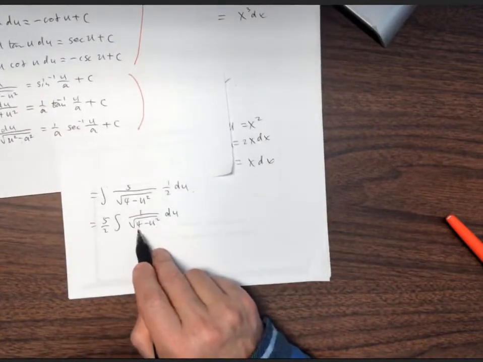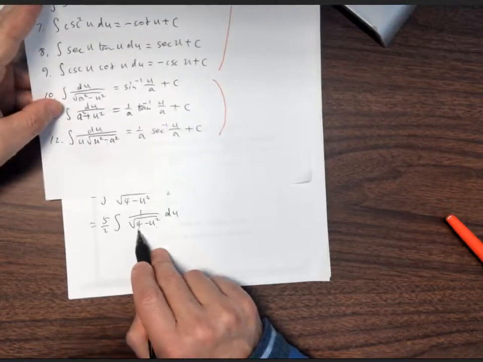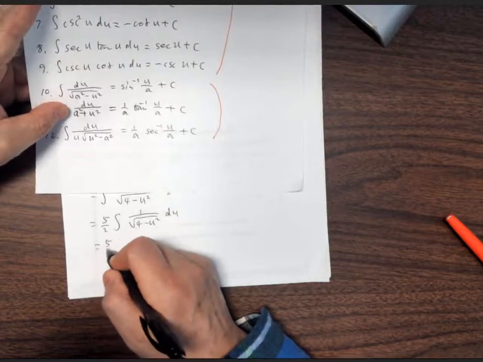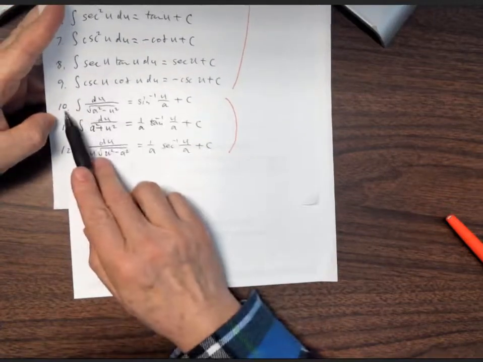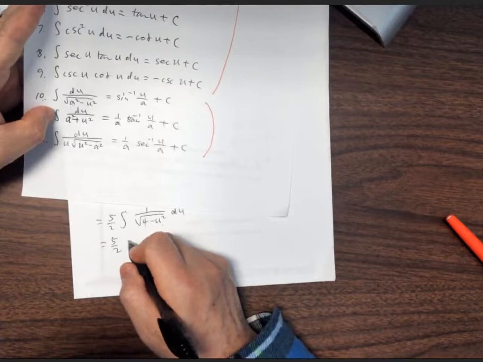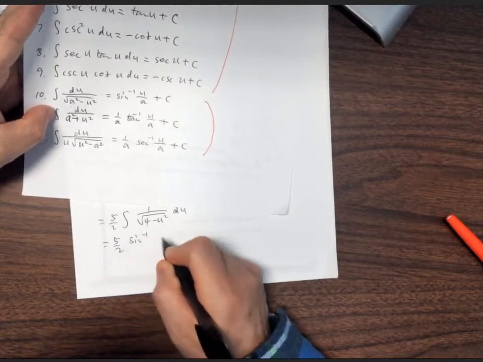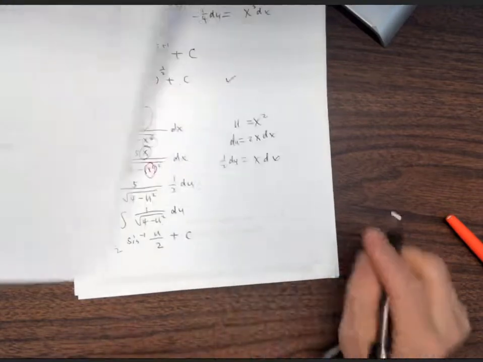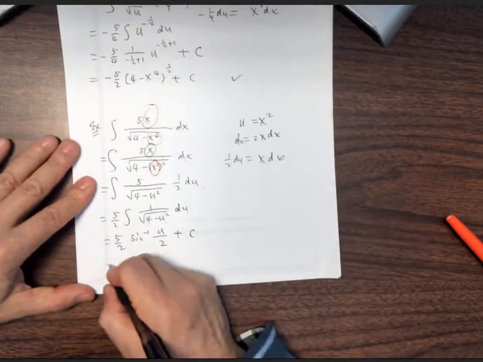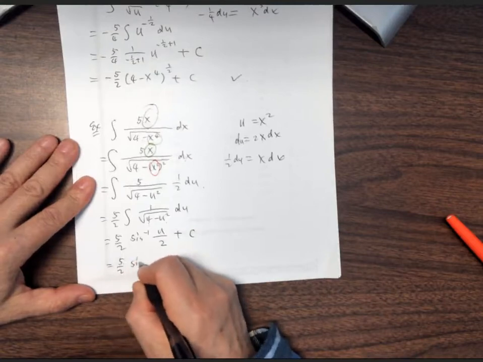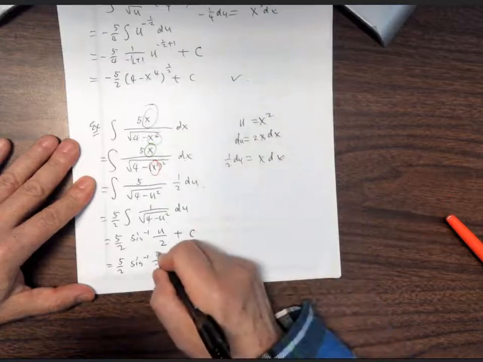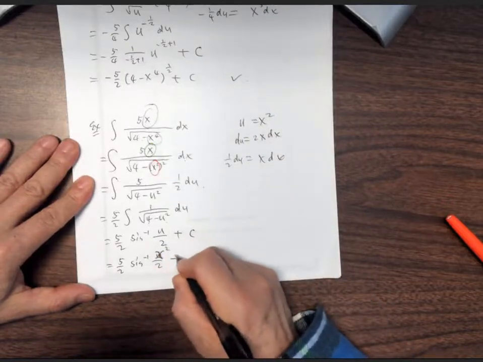Number minus square, with a equal to 4, I mean a equal to 2. So we can apply formula number 10. Inverse sine of u over 2, a is 2, u is x squared, plus c.